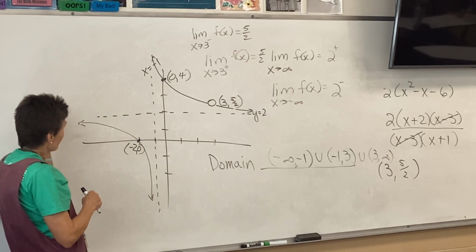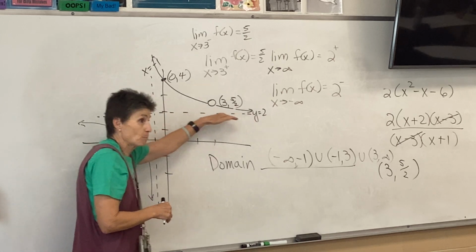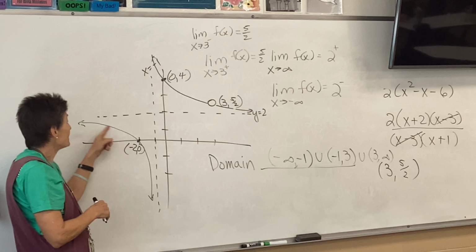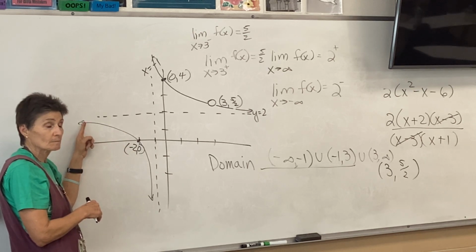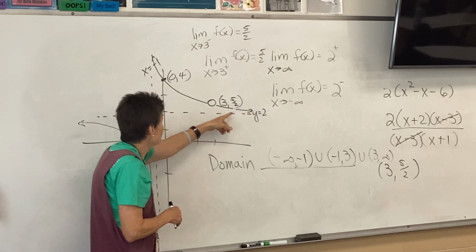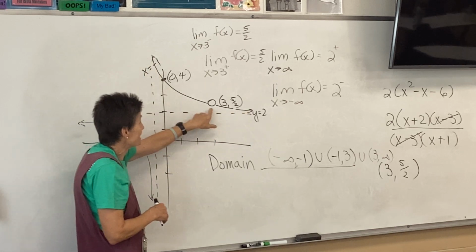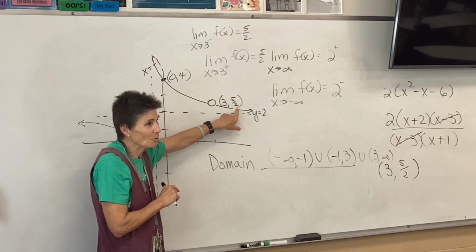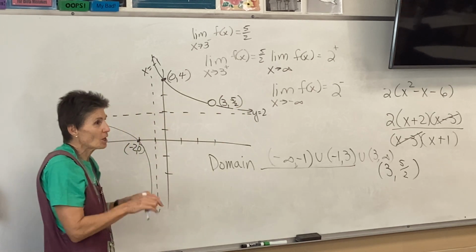But if we look a little more closely, it's broken at 2. So it goes from negative infinity up to 2. But then it stops. But then it goes from 2 to positive infinity, except for 5 halves, because that's an open circle out there. Awesome job.